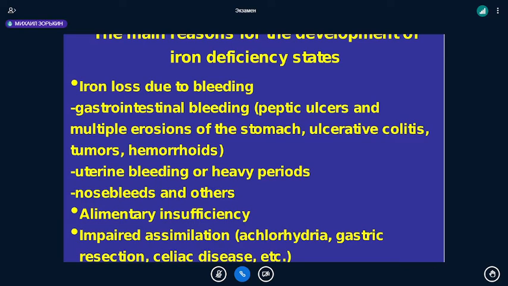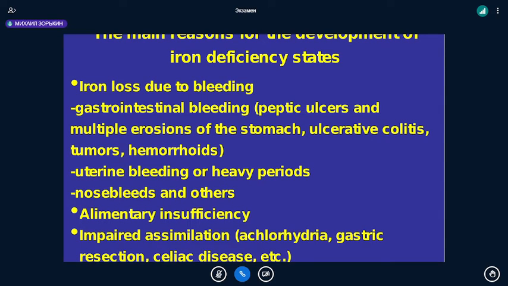Increased consumption of the iron, for example, the periods of active growth within childhood. What else? Increased consumption in malignancy. Malignant cells will always require more iron than normally. Pregnancy is another physiological condition associated with increased demand and consumption of the iron.